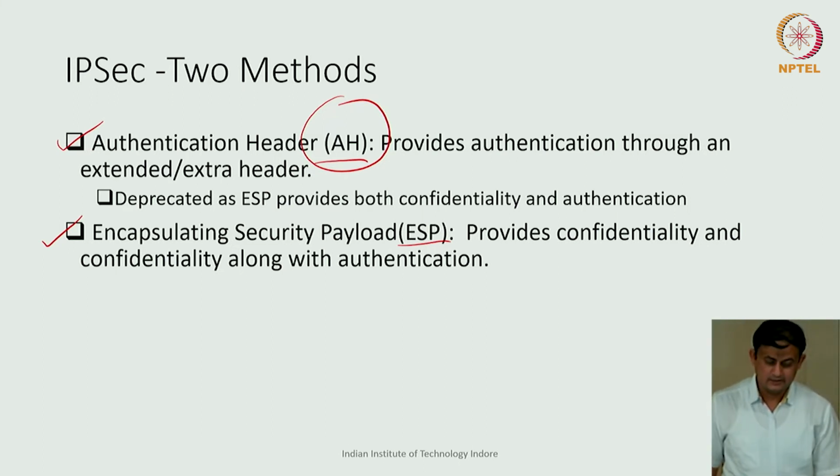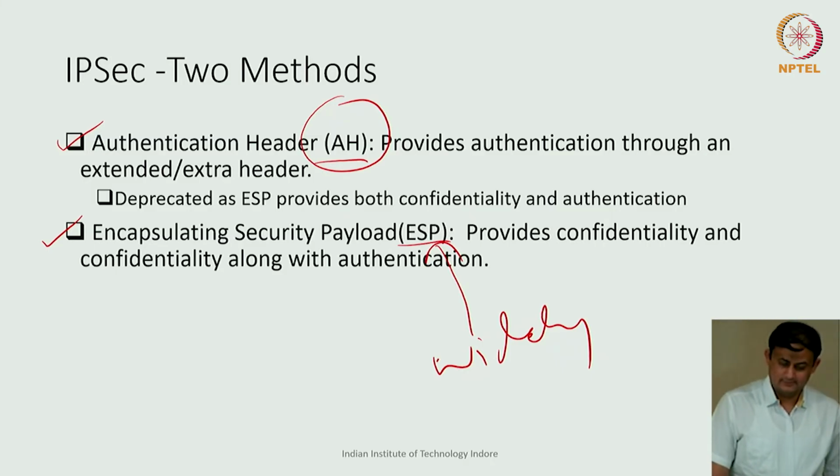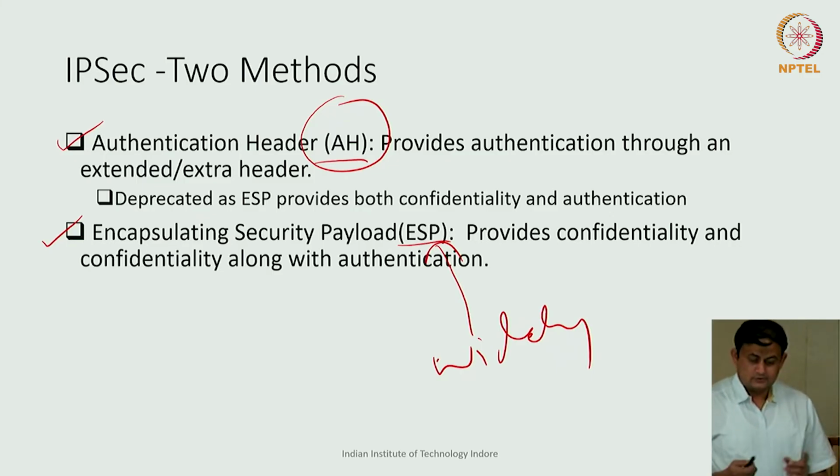It is ESP which is by far the more widely used in IP security. So if you want confidentiality, use ESP. If you want only authentication, then you can probably use the authentication header.